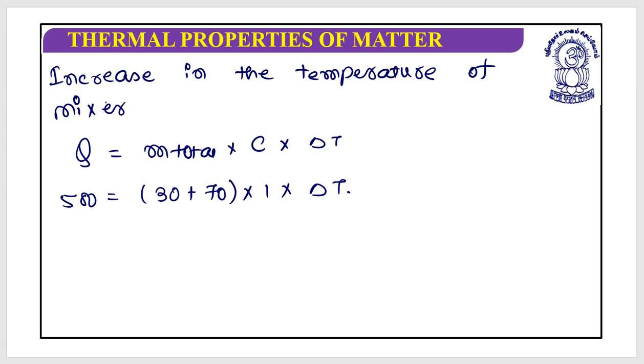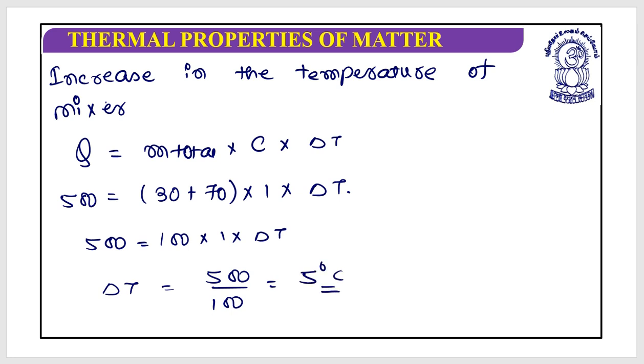I have been left with 500 calorie. So 500 is equal to 30 plus 70, 100 into 1 into delta T. From this, delta T is equal to 500 by 100, which is equal to 5 degrees Celsius.